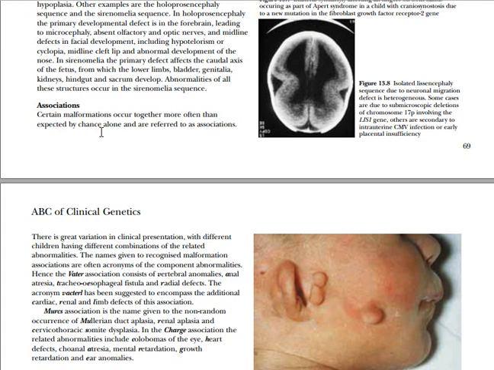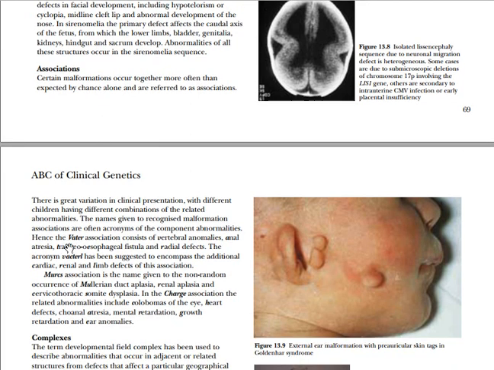Malformations occur together more often than expected, but they don't have a particular genetic cause linking them. It's called an association. Is it clear? So what is an example of association? We have VATER association. VATER association consists of vertebral abnormalities, anal atresia, tracheoesophageal fistula, and radial defects.